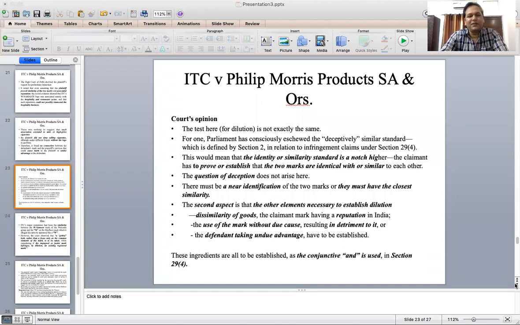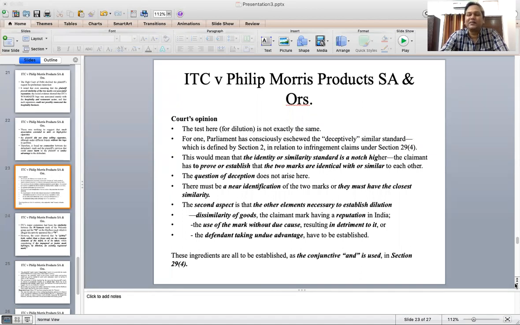For one, Parliament has consciously eschewed the deceptive similarity standard, which is defined by Section 2 in relation to infringement claims under Section 29, Clause 4. So the word deceptive has been removed from this very section. It has not been included in this very section, cautiously. So deception will not be considered here in this very case.